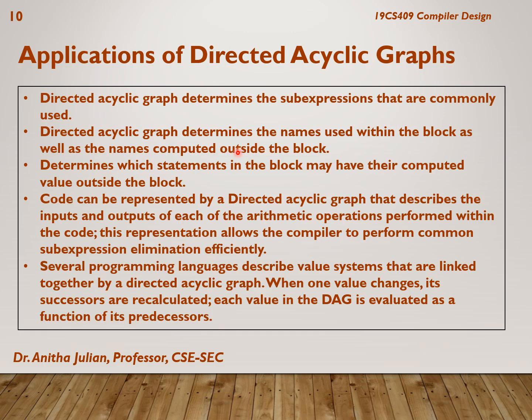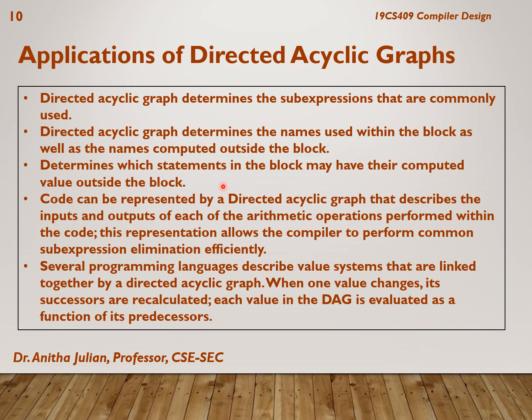As we already noted, DAGs are useful in determining the common sub-expressions used. They determine the names used within the block as well as the names computed outside the block. We are talking about for loops and so on; each of them will be represented as a block. So we can easily identify which variables are within the block and which are outside. It also determines which statements in the block may be computed outside.